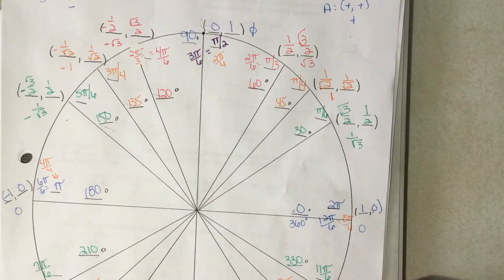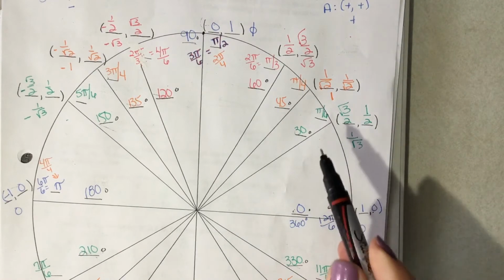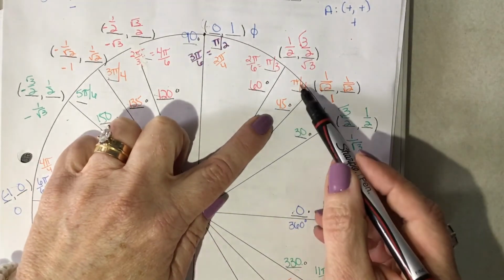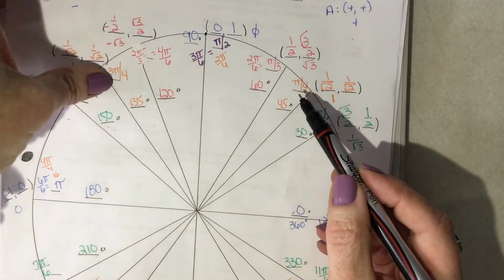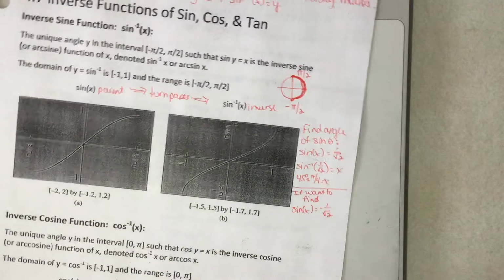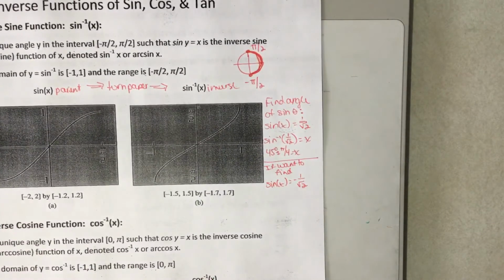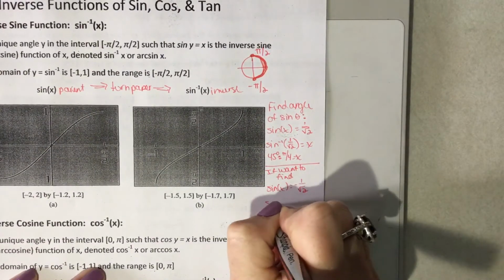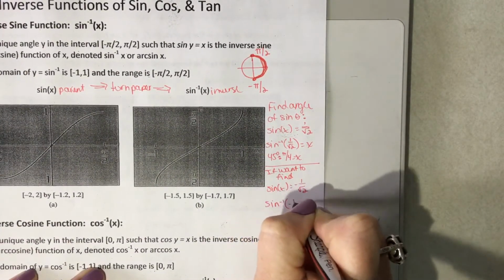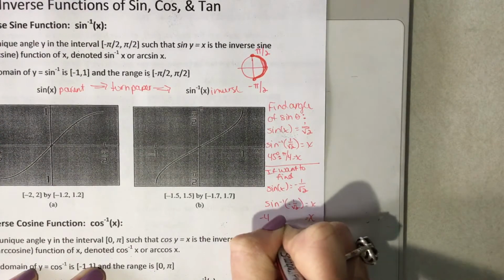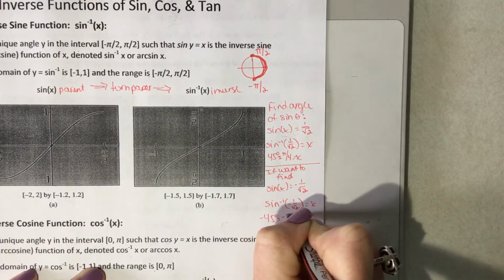So what's the coordinating angle to 315 that I would find in the first quadrant? 45. So 45 and pi over 4 become what I'm looking for here. So inverse sine of negative 1 over square root of 2 is going to give me X. So X is going to be my negative 45 degrees and my negative pi over 4.